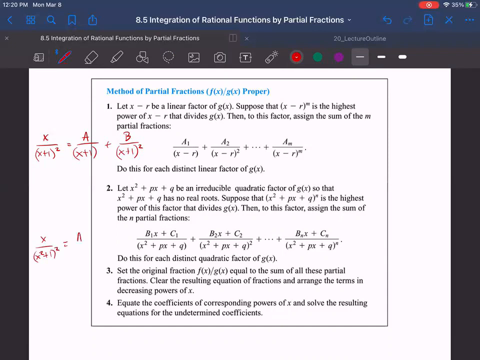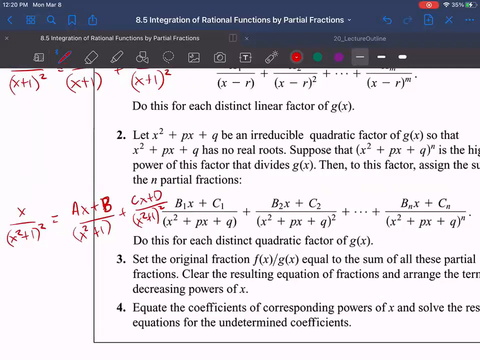You're going to have ax plus b over x squared plus 1, and then plus cx plus d over x squared plus 1 squared. Then you keep going down. If that was a cubed in the denominator on the left, then we'd have another term, ex plus f over that, and you just keep going.